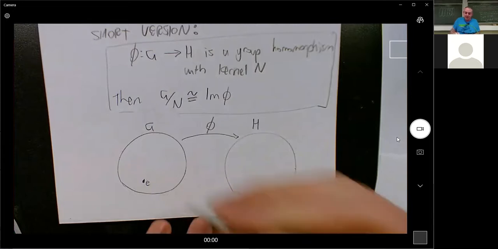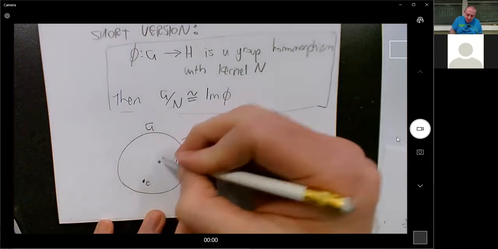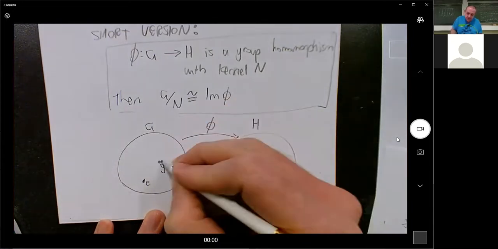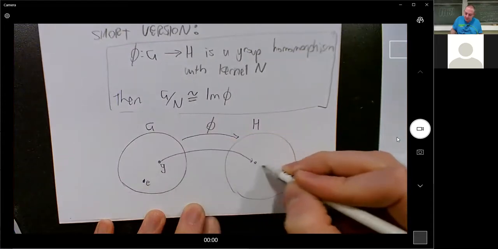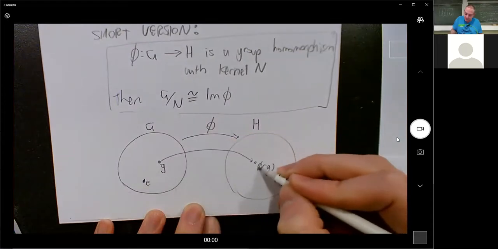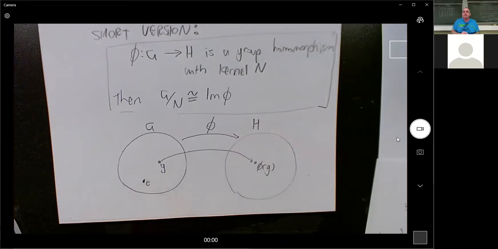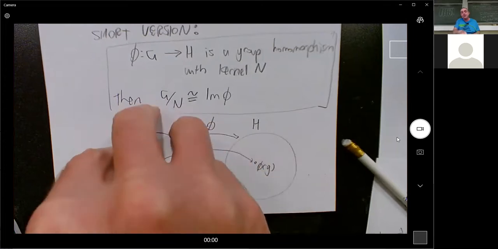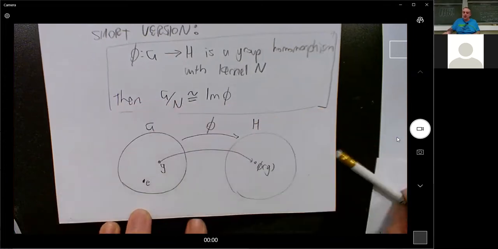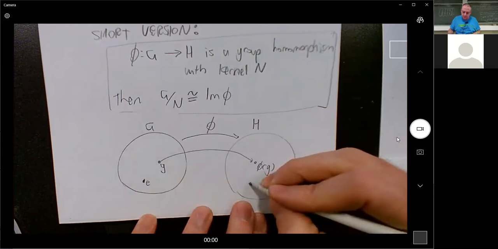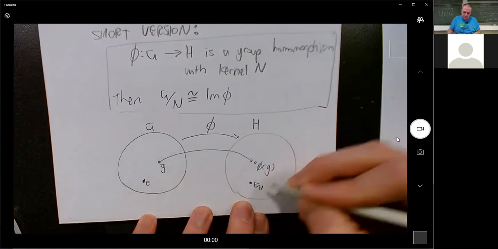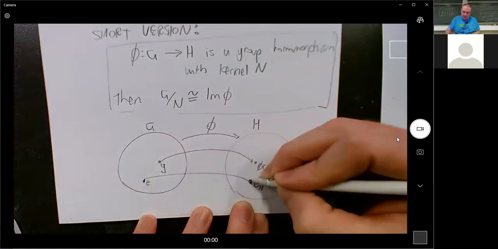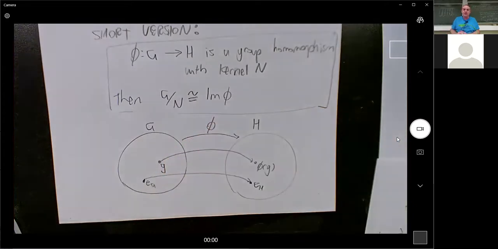So the picture I'm thinking is that here's my element G, and phi ends up over here, and this is phi of G. So that's what I'm imagining happens with a group. You get all the elements of G, and they all end up over here. And what will happen is the identity of G will go to the identity of H. That's how homomorphisms are guaranteed to work.